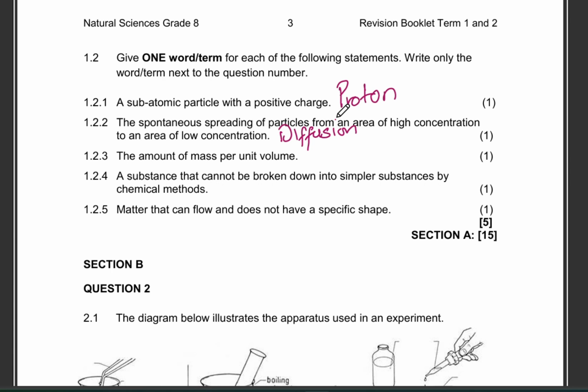The amount of mass per unit volume, that is density. A substance that cannot be broken down into simpler substances by chemical methods, that is an element. Matter that can flow and does not have a specific shape, that's the liquid.